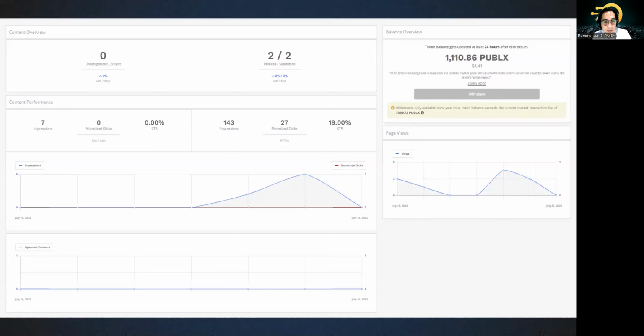allows its users to get rewards in the form of cryptocurrency, which is based on the platform's terms of use and reward system. So in public, publishers or content creators receive public's tokens when users click on and view their posts. Like this one.